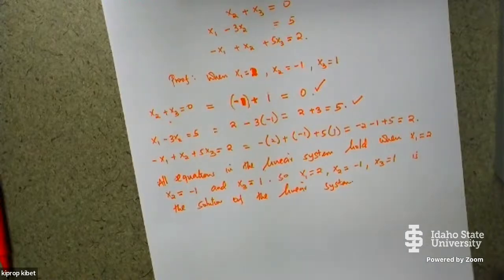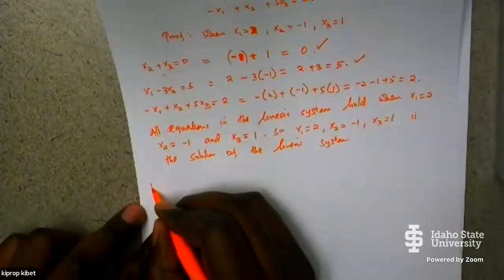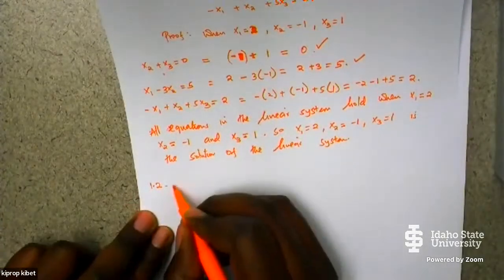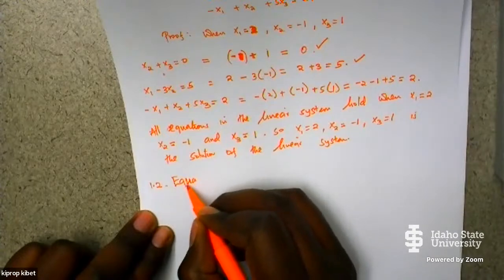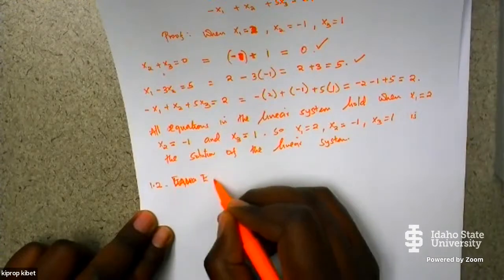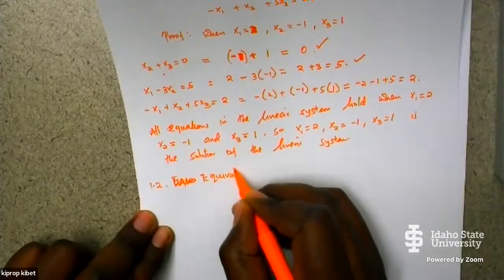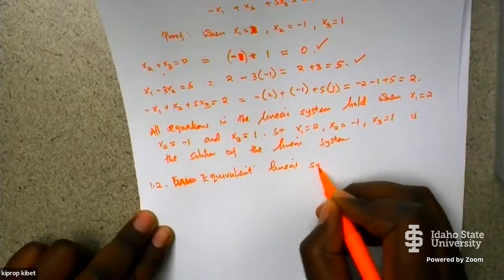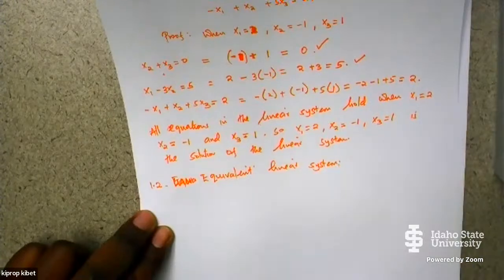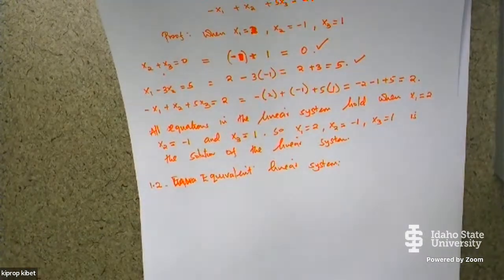Okay, now let's come to the next section, section 1.2, equivalent linear systems. So what is an equivalent linear system?